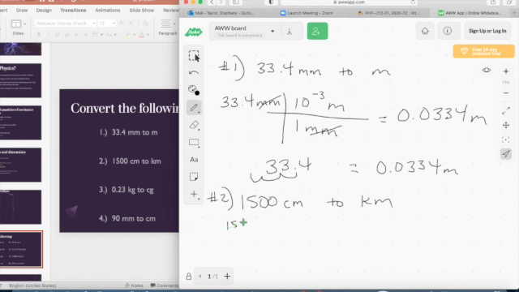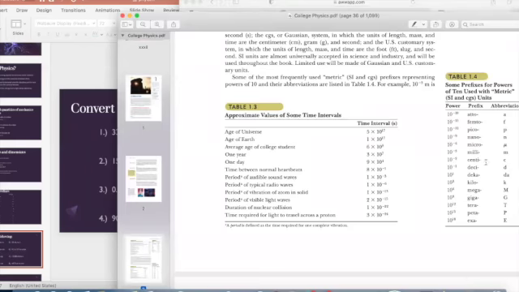All right, so again, we're going to do this longhand ways. So let's put the 1,500 centimeters here and set that up. Okay, so we know that centi, if we go back to our table here, centi is 10 to the minus second power, right? So we need to put that information in here.